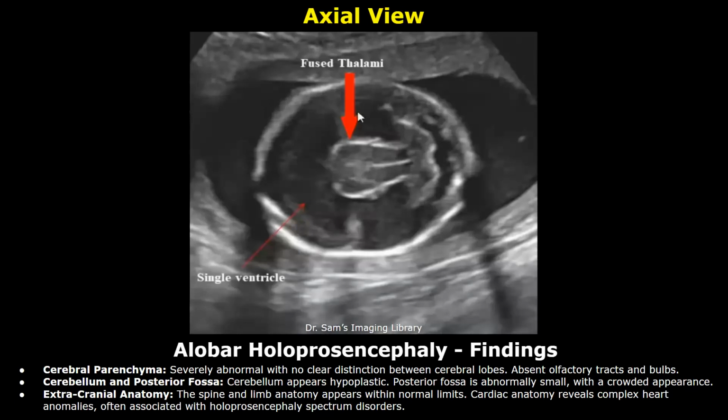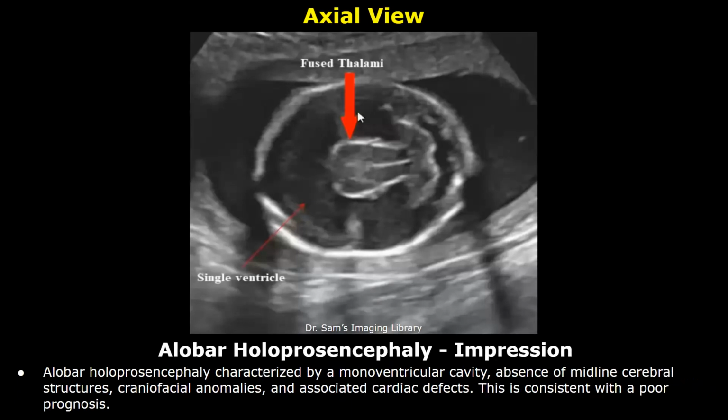Cerebellum and posterior fossa: cerebellum appears hypoplastic. Posterior fossa is abnormally small with a crowded appearance. Extracranial anatomy: the spine and limb anatomy appears within normal limits. Cardiac anatomy reveals complex heart anomalies, often associated with holoprosencephaly spectrum disorders.